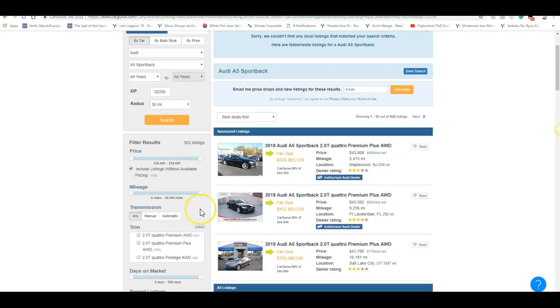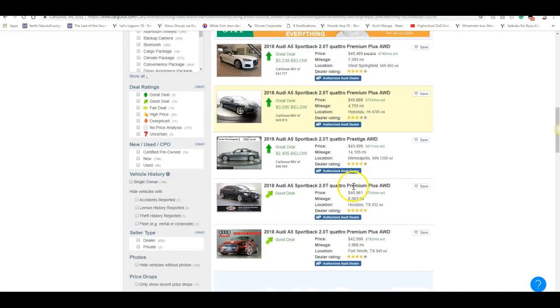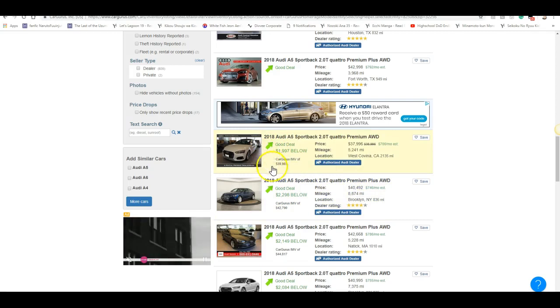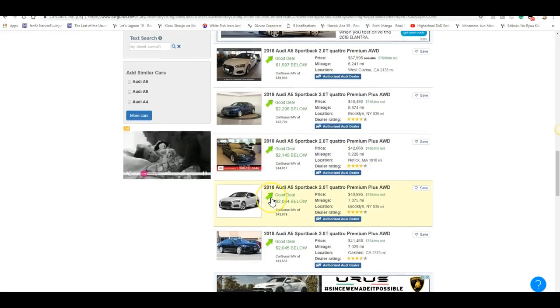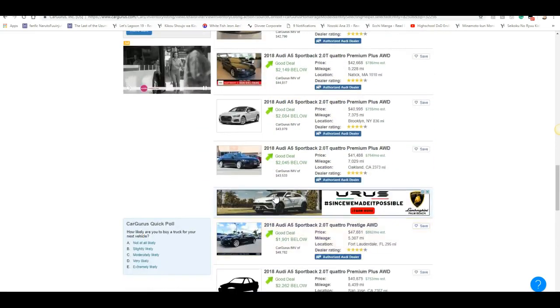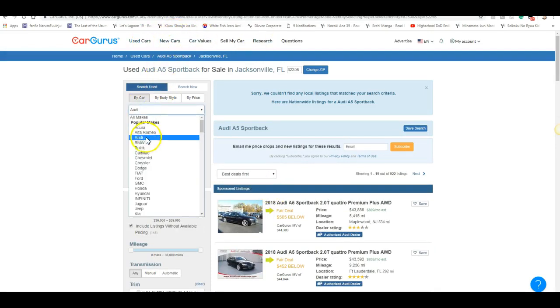Not really saying what year. Let's see. 43,000, 40,000, 37,000. That's a blue one though. I don't really like that. I know what I'm doing. I'm doing a cheap car that a lot of people will look for.